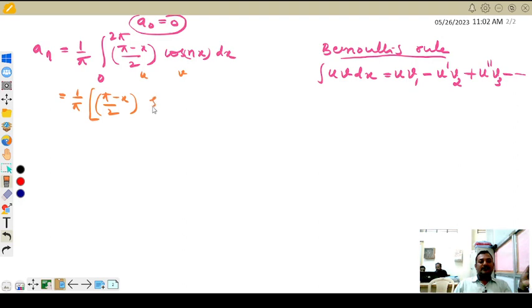Integration of cos nx is sin nx divided by n. Differentiation of (pi minus x) by 2: here 1 by 2 is constant, differentiation of pi is 0, minus x is minus 1, that is 0 minus 1.